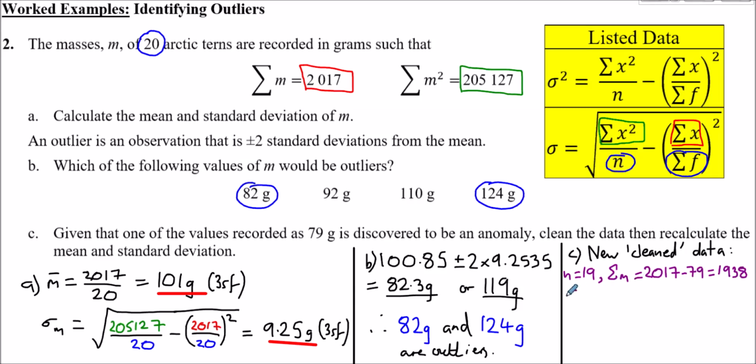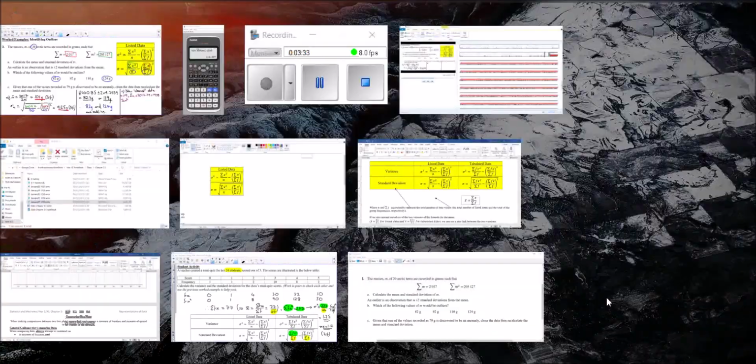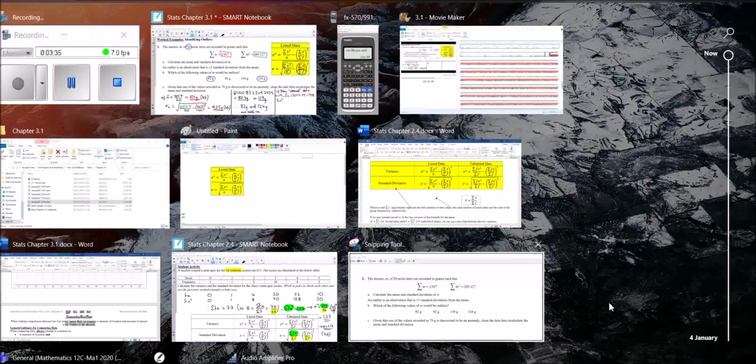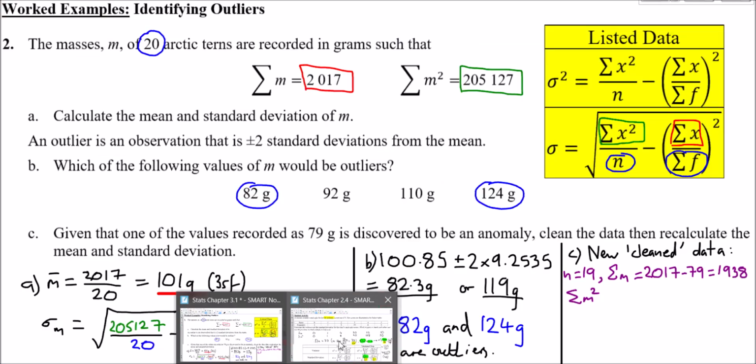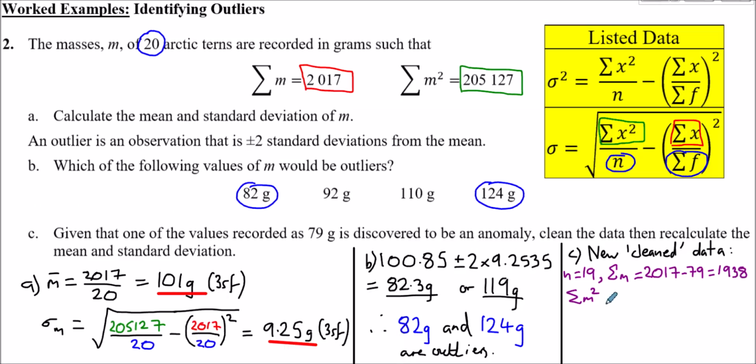And also, the new sum of the masses squared is going to be what it was before, which is 205127.